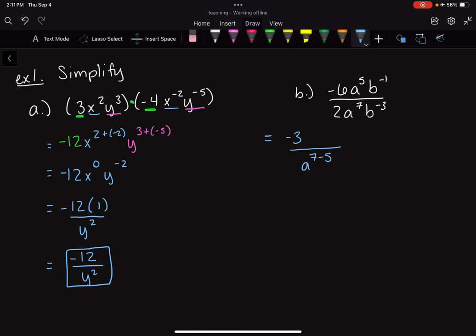And then for b, I want it to be positive, so that's why I always want to take the bigger number. So I would do negative 1 minus negative 3. Again, the reason I'm doing it this way is I'm taking the bigger number minus the smaller number and then putting the answer wherever the bigger number was, whether it's numerator or denominator.